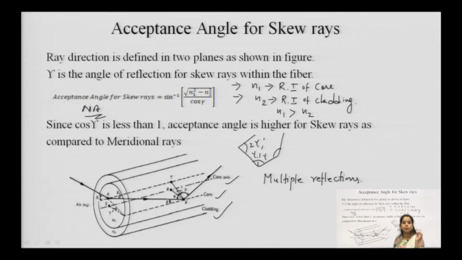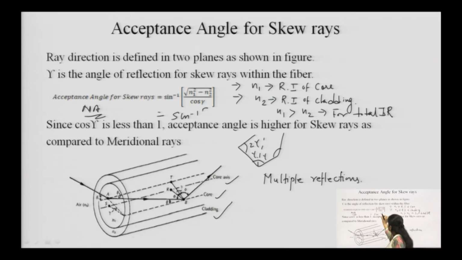This is the most important condition for total internal reflection to occur. These are the general conditions, already known to you and already discussed in the previous lecture. And under root n1 square minus n2 square is equal to our NA.